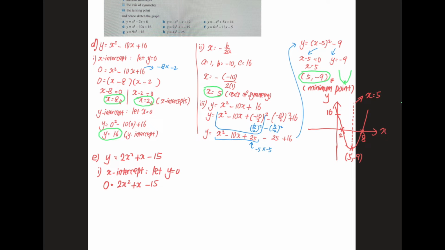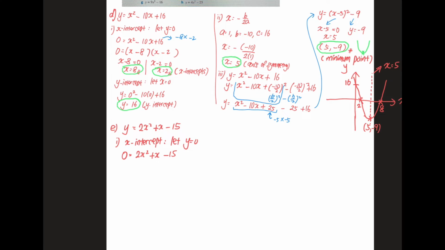When you factorize, let's say we use this method. I use 2x times x, which gives 2x squared. Then I have to think of two numbers that multiply to get negative 15. Let's say I use 3 and minus 5.